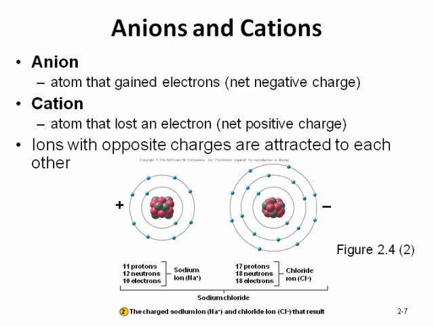Sodium normally has 11 electrons. And chlorine, on the other hand, normally has 17 electrons.